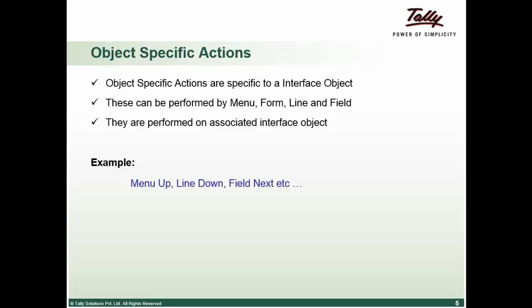You press the down arrow key, it moves to the next line. So these are object-specific actions. For example, line down is a part-specific action. Since a part owns multiple lines, an individual line cannot move the current focus to the subsequent lines. So only the part moves the focus, and based on that, the actions are performed.